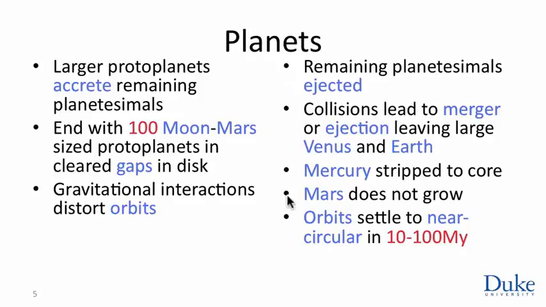Carrying on with our plan of producing planets, we now have these protoplanets orbiting. They rapidly, gravitationally accrete the remaining planetesimals. So now the gravitational force of these protoplanets begins to be important, and their interactions with the planetesimals are gravitational.